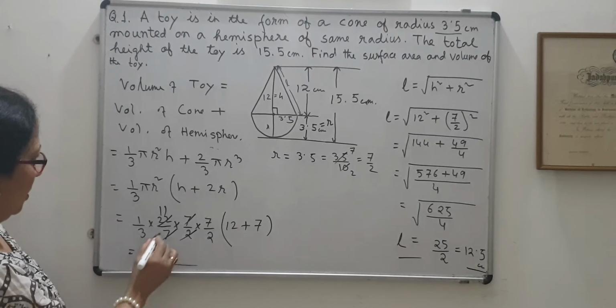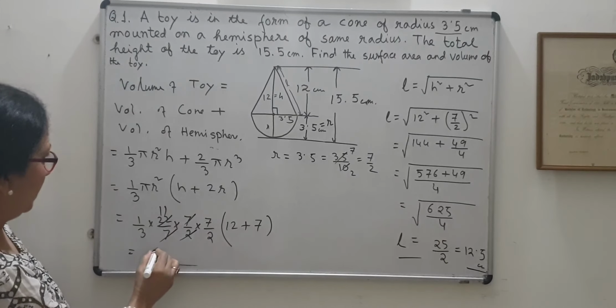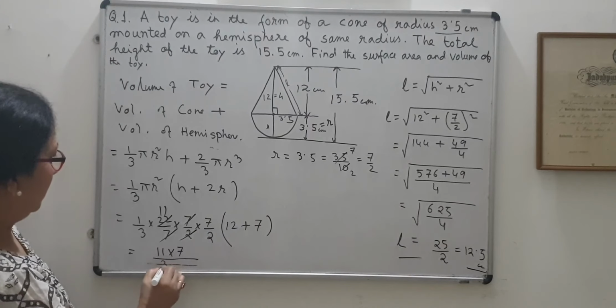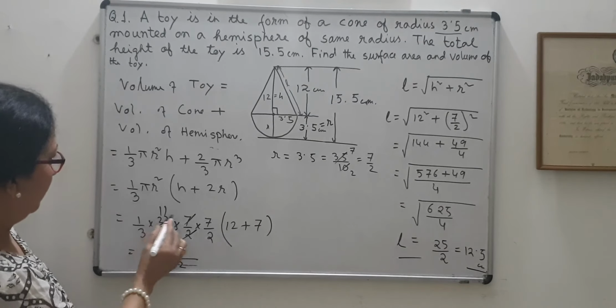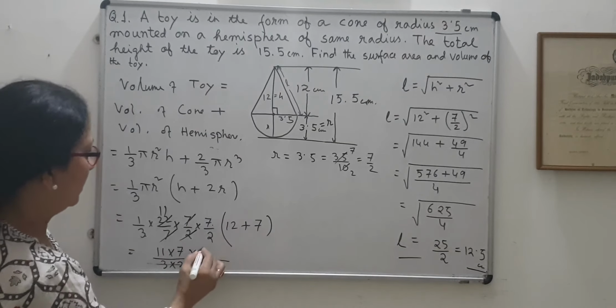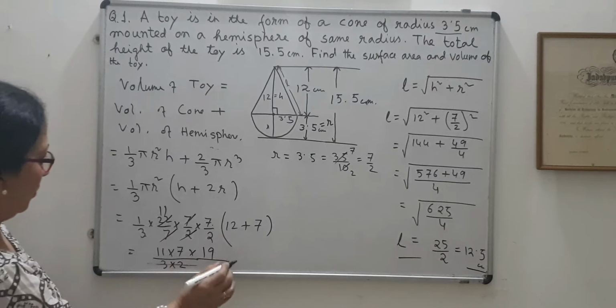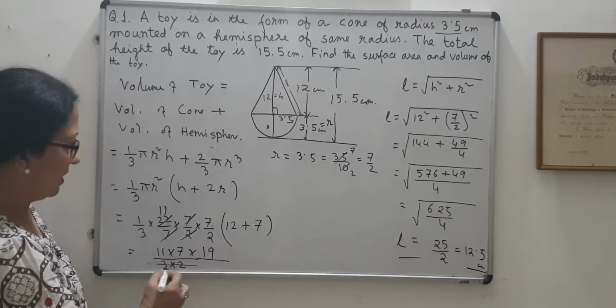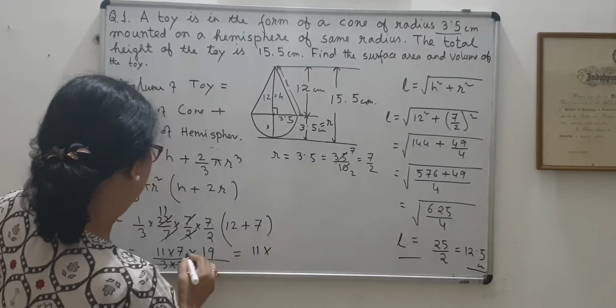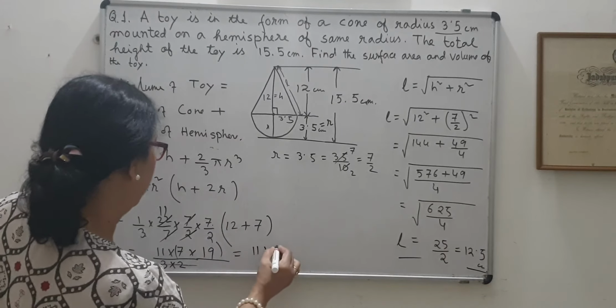So it is 77, or let me write 11 into 7 by 3 into 2, and here 12 plus 7 is 19. And no cancellation, then you have to multiply this and then divide by 6. So it will be like this, 11 into 7 into 19, you group, it is 133.